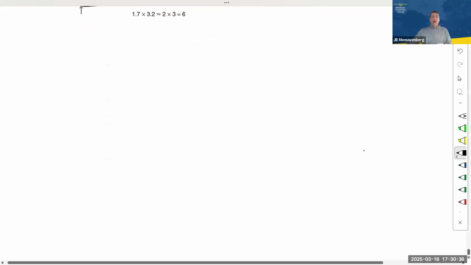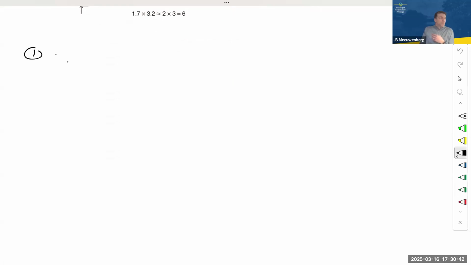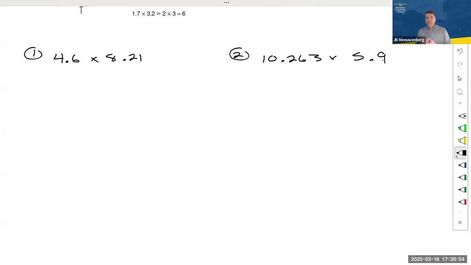So let's practice this by rounding to the nearest whole numbers. So we will do 4.6 times 8.21, and we will do 10.263 times 5.9. So go ahead and do those approximations just by rounding to the nearest whole number for both of them.